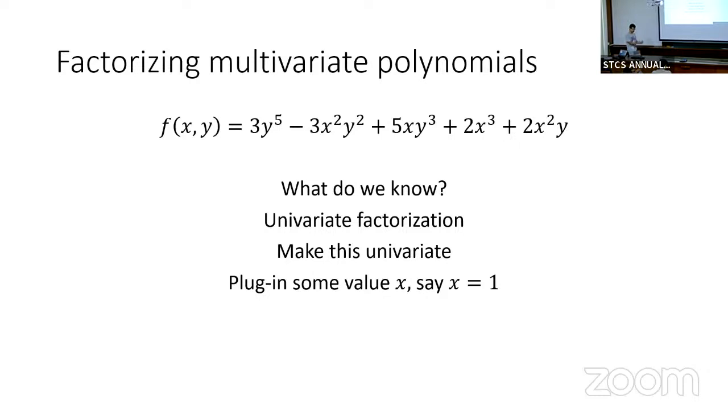If this univariate thing turns out to be irreducible, what can we say about the original polynomial that we started off with? It has to be irreducible, because if it had a factorization, then even when you set some variable x to some value, that gives you a factorization even in the univariate world.